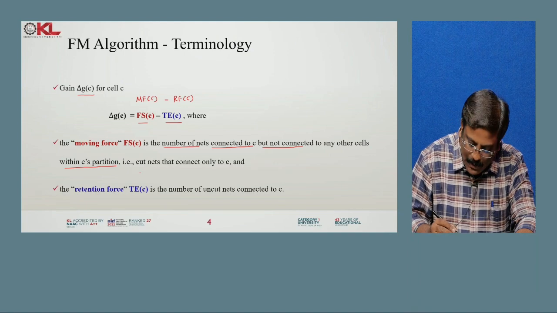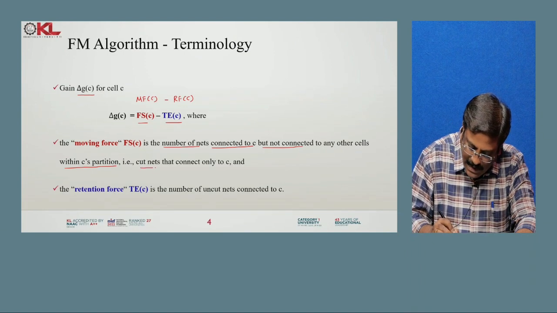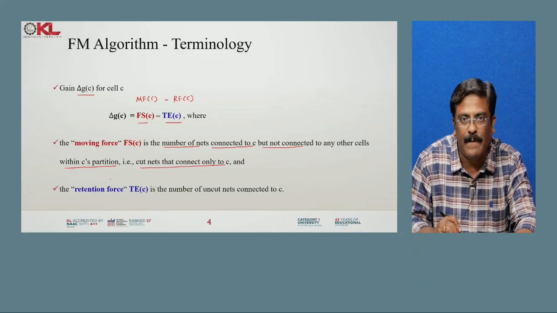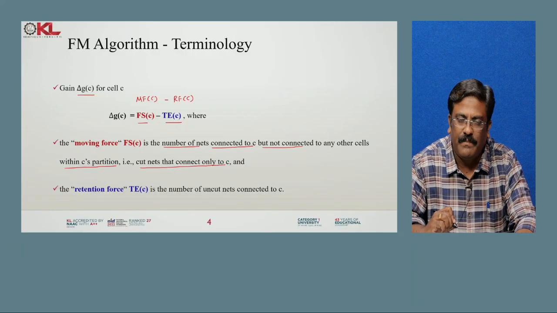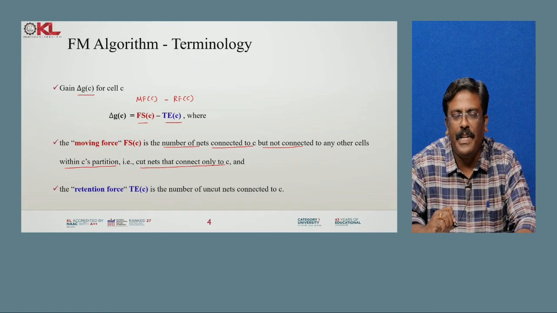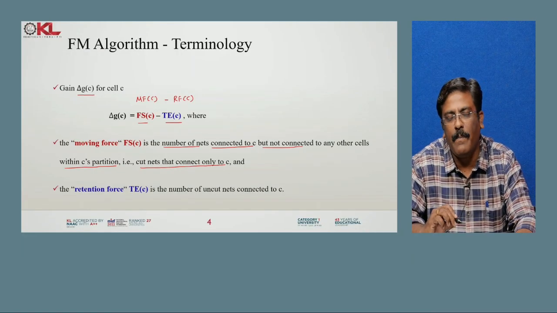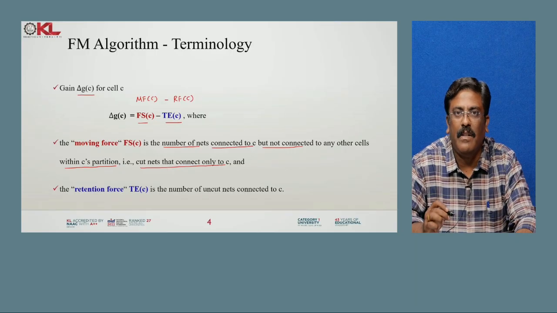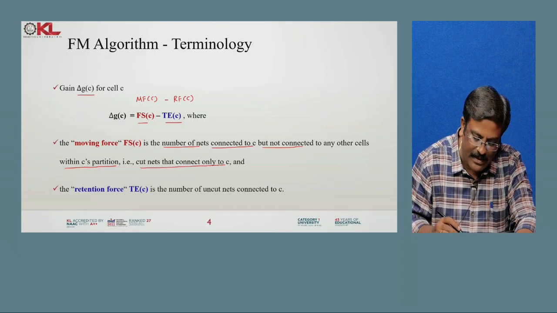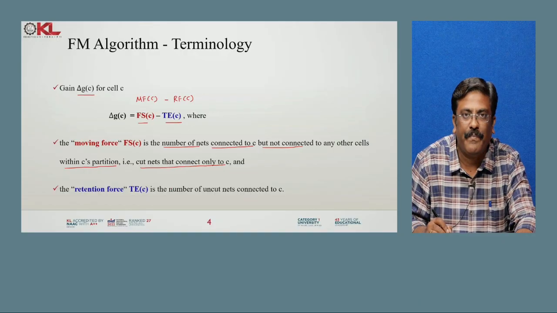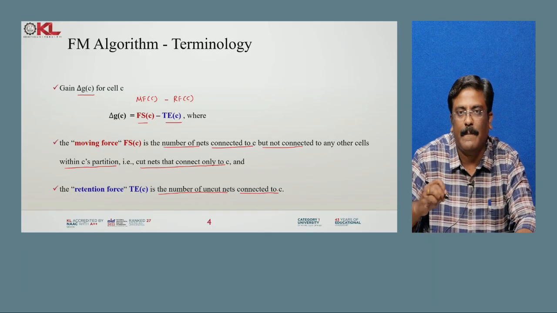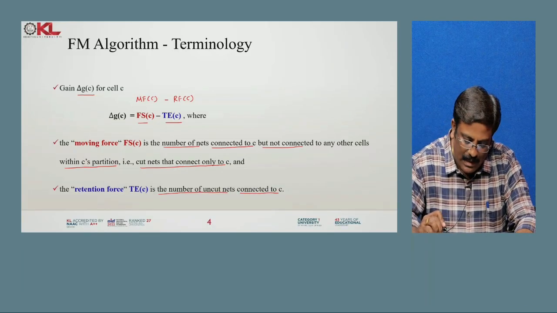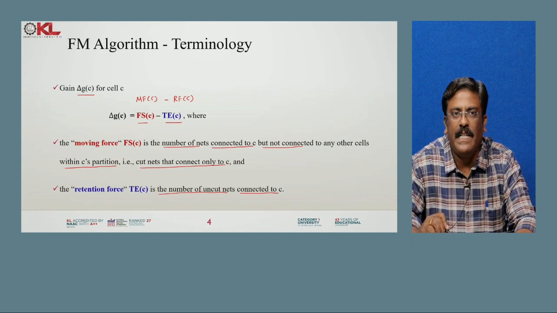It also indicates the cut nets that connect only C. So we have to consider the nets which are cut by the cut line, connecting C in one partition to the other partition, but not within the partition. That is what I try to say about the moving force. And the retention force is the number of uncut nets connected to C. That is the formula we can derive for the gain of each and every cell in the FM algorithm.